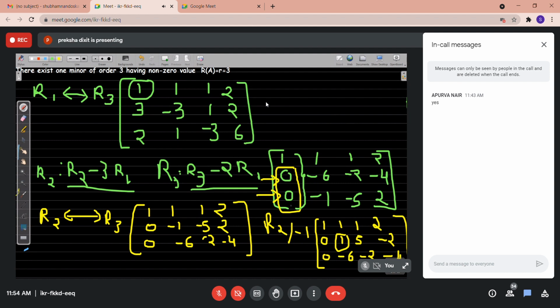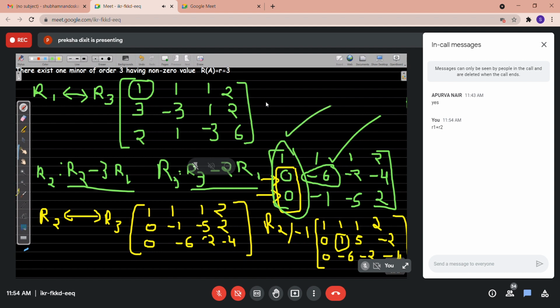So let's see what we can do next. Now I have to bring 1 at this position where minus 6 is entered. So first I will see whether I can interchange the rows or not. But when we perform row interchange, we have to make sure that we should not disturb the previous changes.